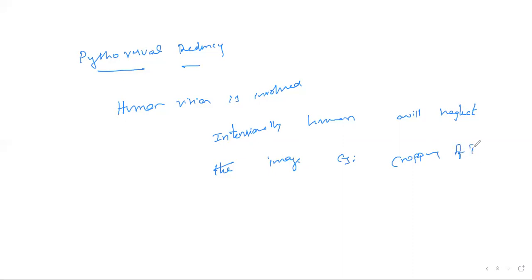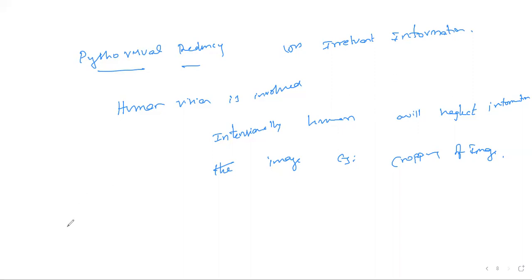Cropping of images is one type of psychovisual redundancy. Intentionally humans neglect the information in the image. This information is also known as irrelevant information.